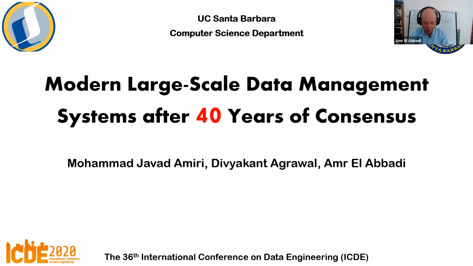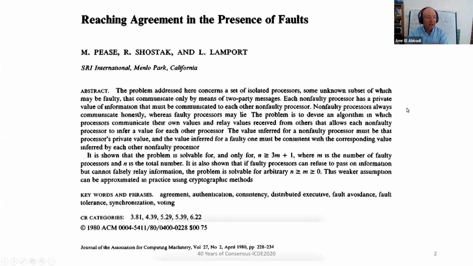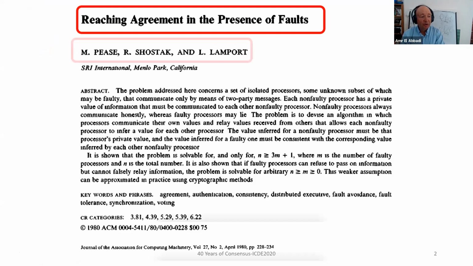The paper is Reaching Agreement in the Presence of Faults, and this is when Lamport, Pease, and Shostak proposed the Byzantine agreement or consensus protocol. This paper appeared exactly to the month 40 years ago, in April 1980, in the JACM.